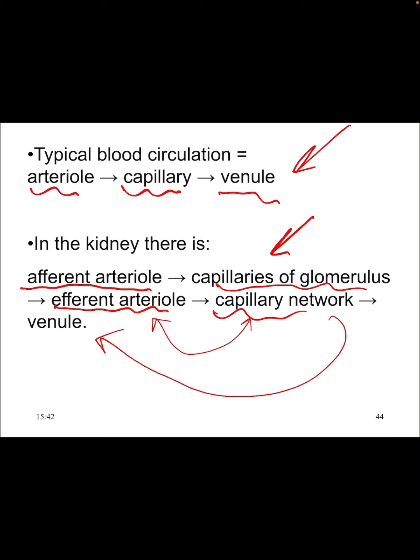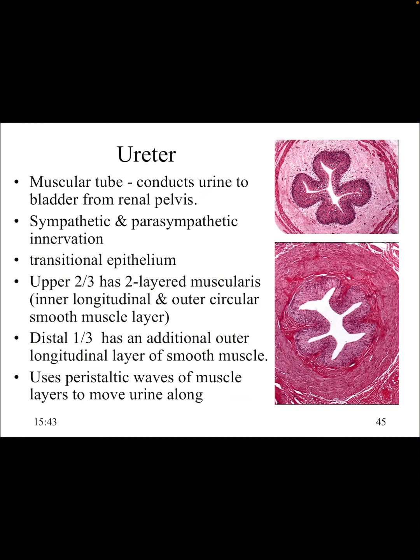So instead of going directly from arteriole to capillary to venule, it goes afferent arteriole, capillary, efferent arteriole, then capillary, and finally we have the venules.